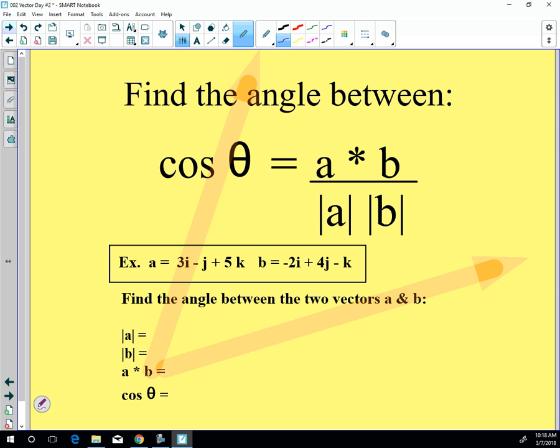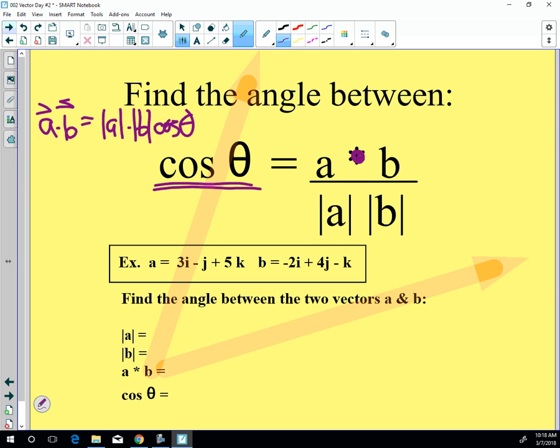So when we find the angle, remember we had that formula, A dot B was equal to magnitude of A, magnitude of B, cosine of the angle. Well, if we solved algebraically for the angle, you're just going to get the dot product over this.